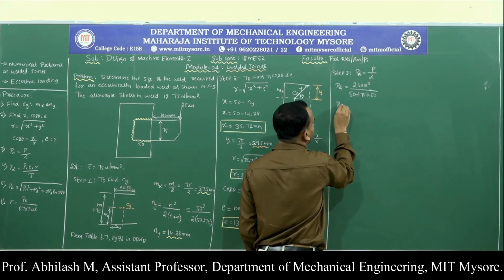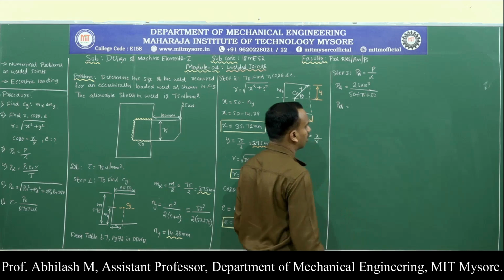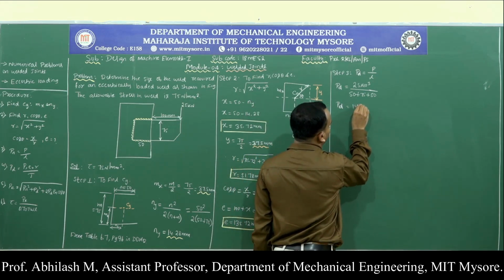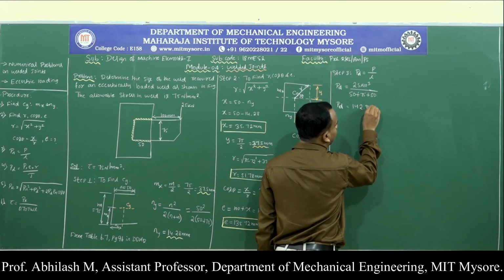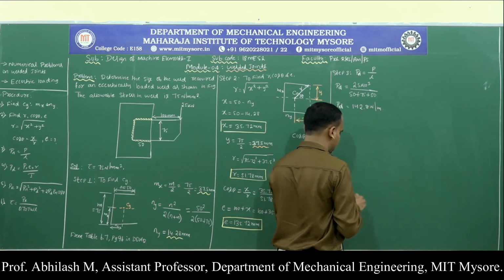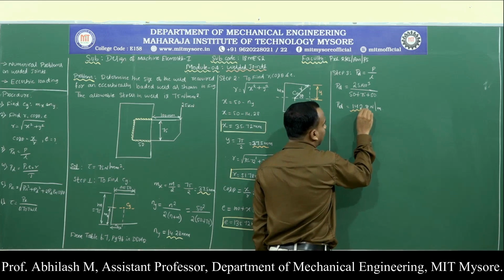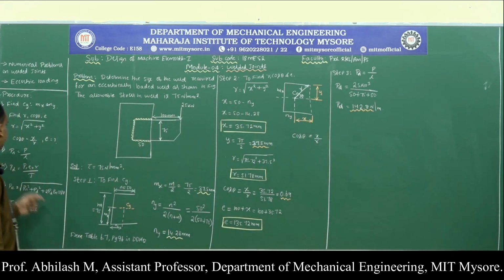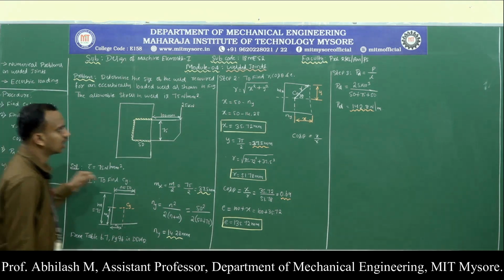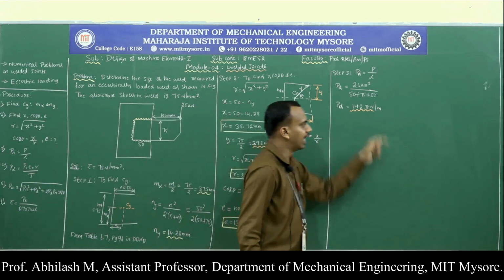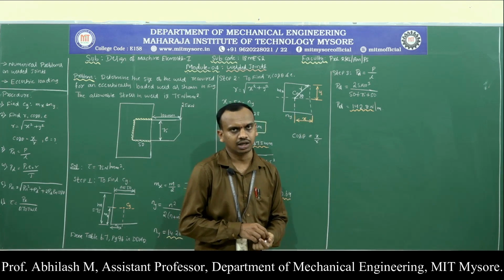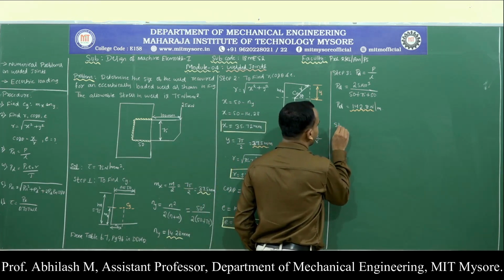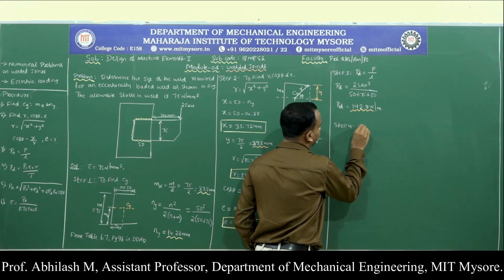So PD will be equal to 25 into 10 to the power of 3 divided by 175, that is 142.8 Newton per millimeter. So PD, the direct load, will be equal to 142.8 Newton per millimeter.